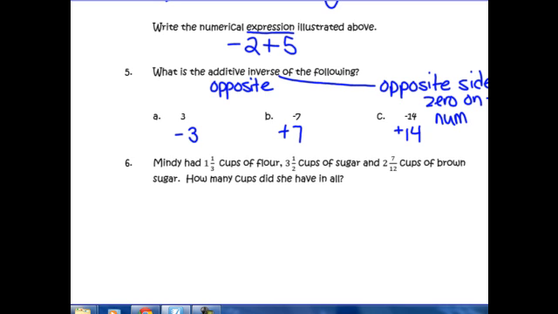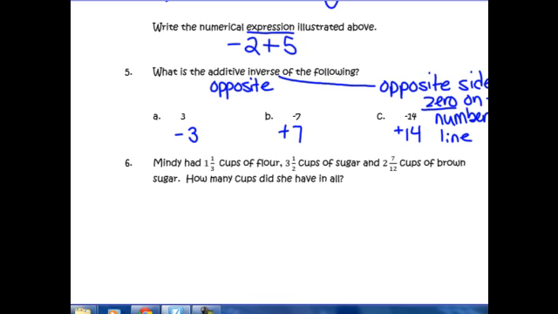They have the same absolute value as well, because they're the same distance from 0 on the number line.